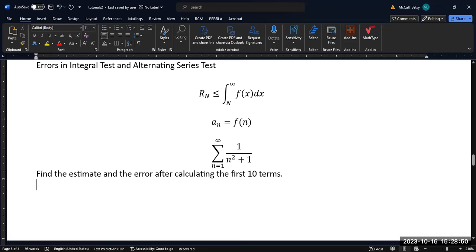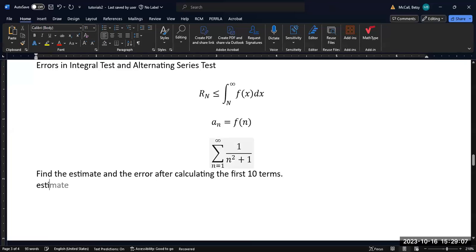So the first 10 terms I would physically calculate by plugging in n equals 1, n equals 2, n equals 3, n equals 4, and physically adding that up.